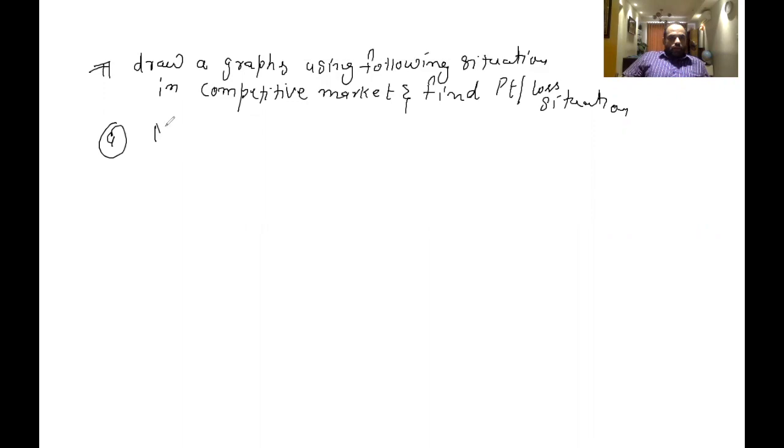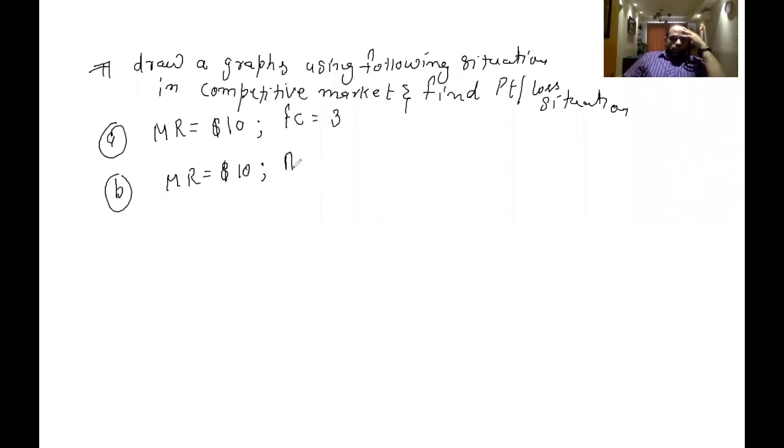So for example, A, let's say marginal revenue is $10, right? And fixed cost is 3. B, marginal revenue is maybe 10 again, and average total cost is 7.